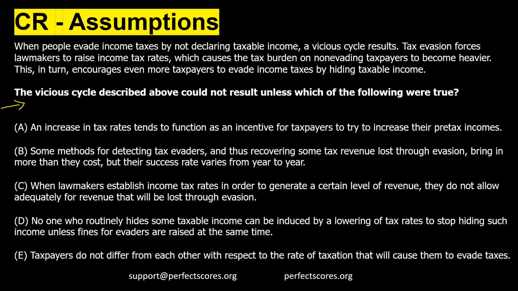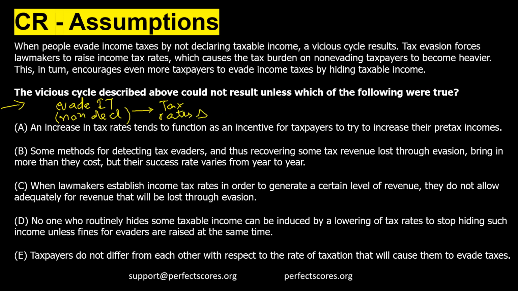When people evade income taxes, so let me write that down here, make a few notes. People evade income taxes by not declaring, so by non-declaration of the taxable income, a vicious cycle results. Tax evasion forces lawmakers to raise the tax rates.